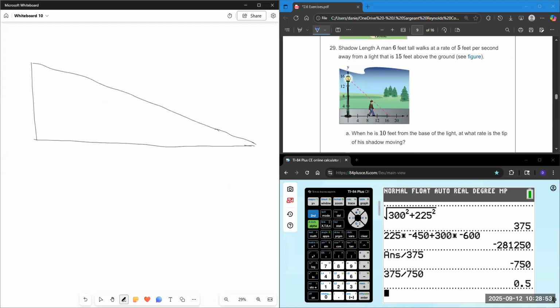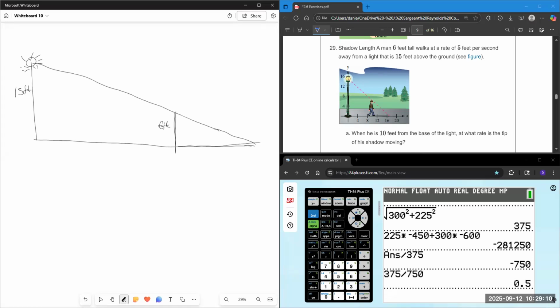We're going to have a lamppost. Here's the light source that's 15 feet above the ground. Somewhere out here is the man that is 6 feet tall, and his shadow is being cast here.